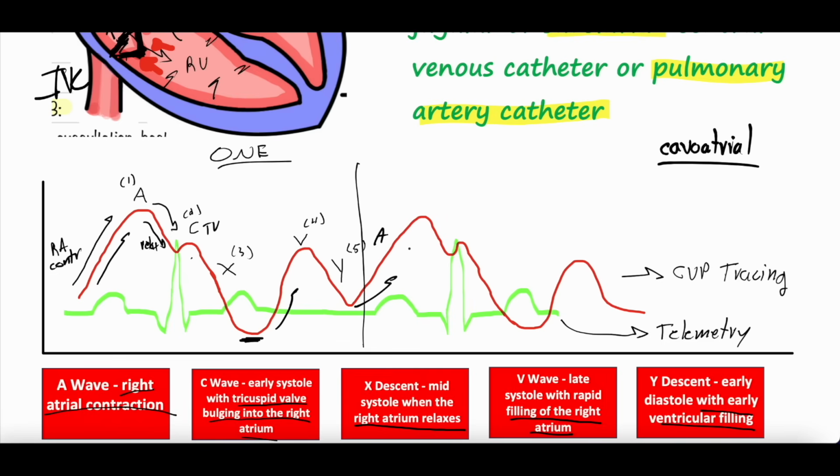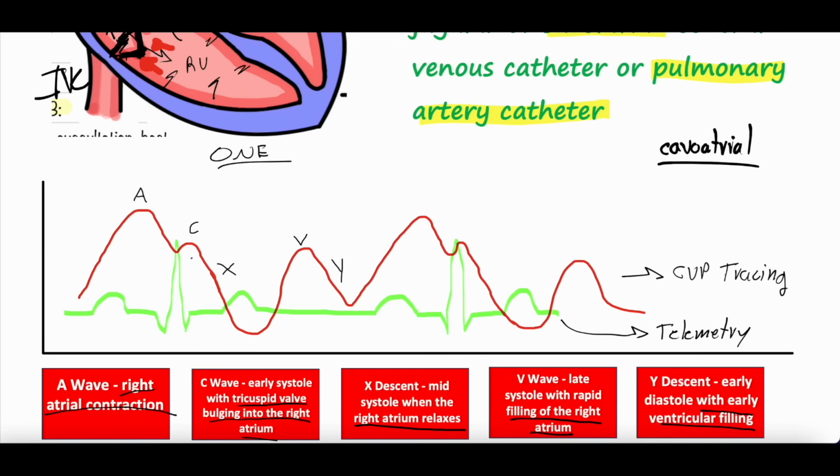All right, I know it sounds confusing, but if you just picture the cardiac cycle, it should all start to kind of add together. So I'm going to see if I can erase all of my drawings here, and that way we can go through it without all the scribbles. So if we start and we picture that central venous catheter sitting right at the cavoatrial junction, and then we start a cardiac cycle.